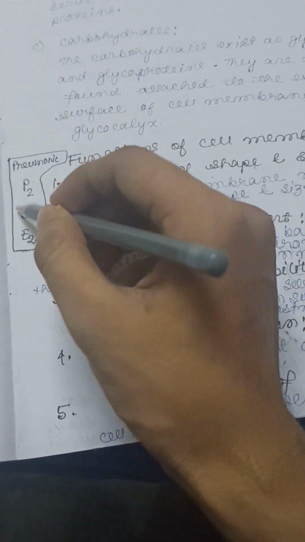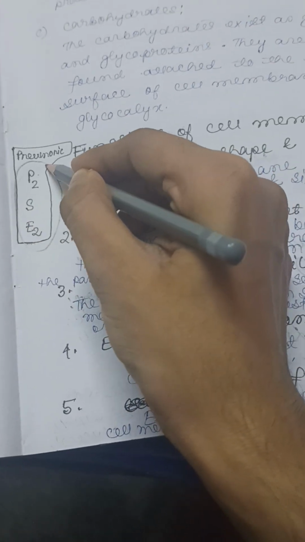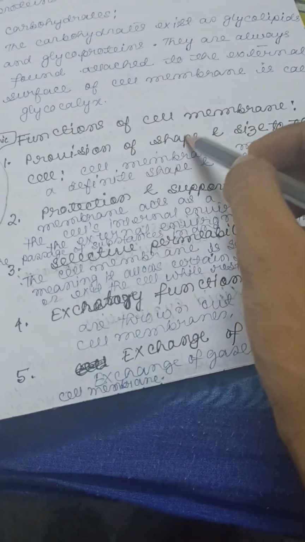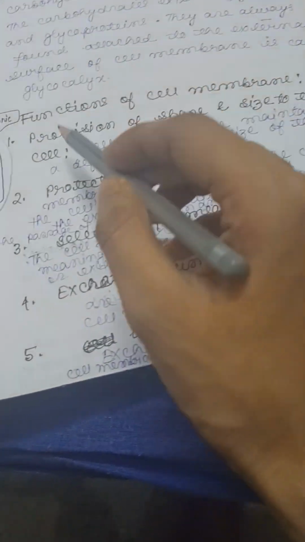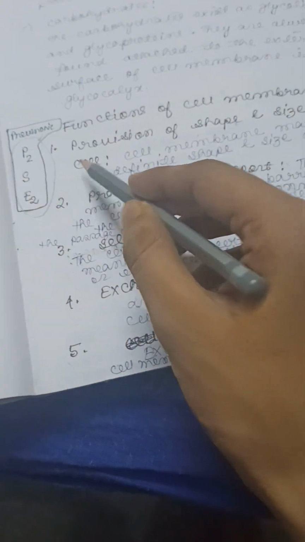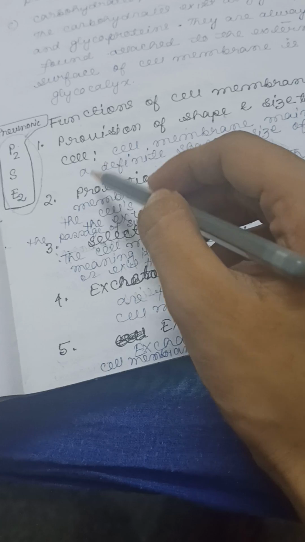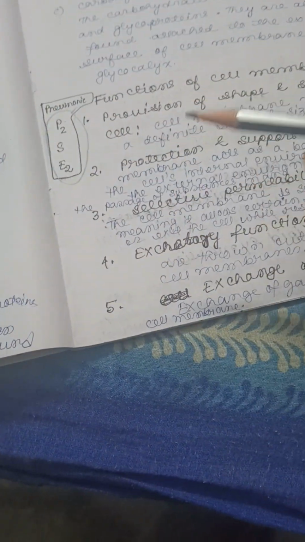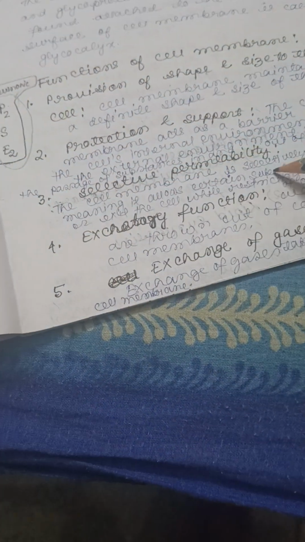If you remember this mnemonic, you can easily tell the functions of the cell membrane. First, P2: provision of the shape and size of the cell, and protection and support. For S, selective permeability. For E2, excretory function and exchange of gases.